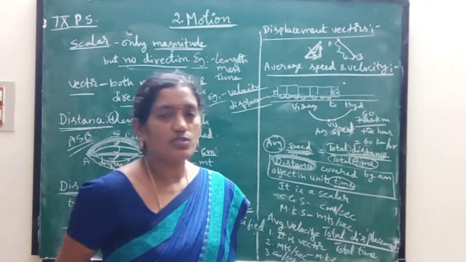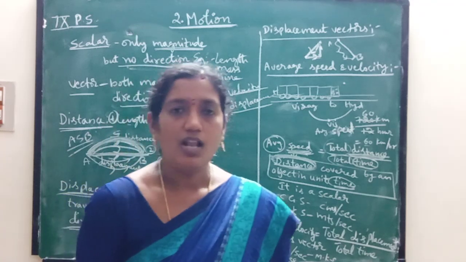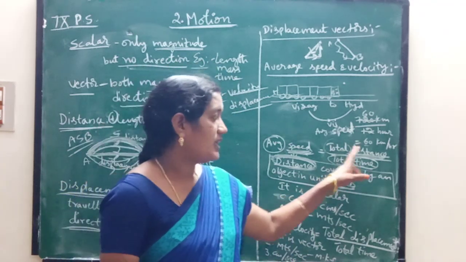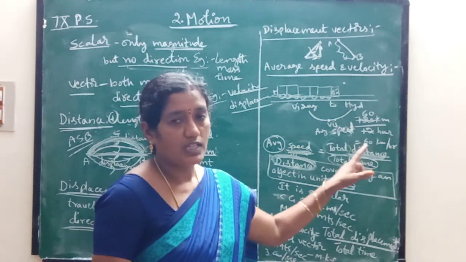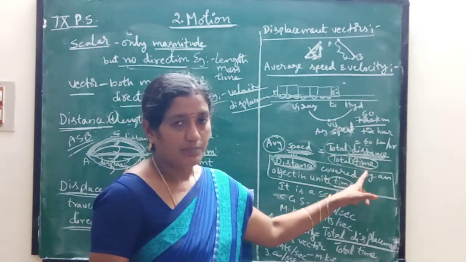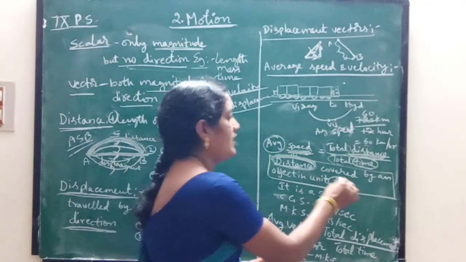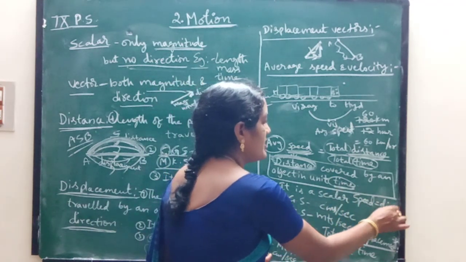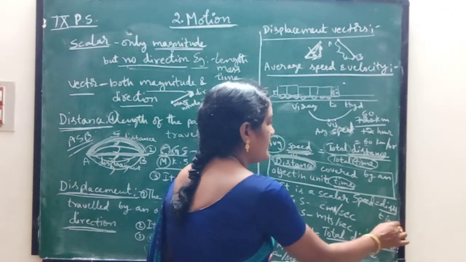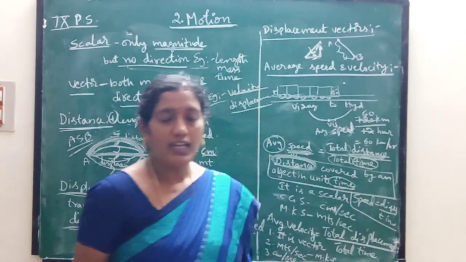If I ask you average speed, then you have to tell total distance by total time. Average speed is equal to total distance by total time. If I ask you what is the definition of speed, speed is equal to distance by time.